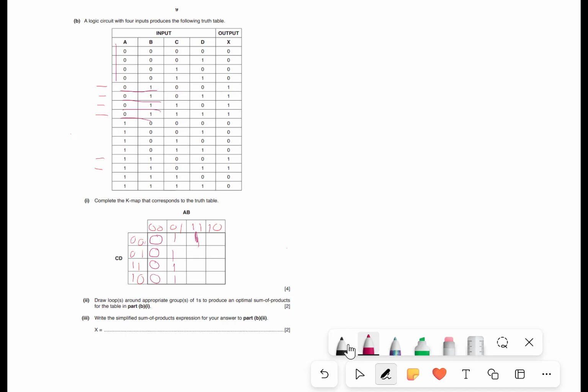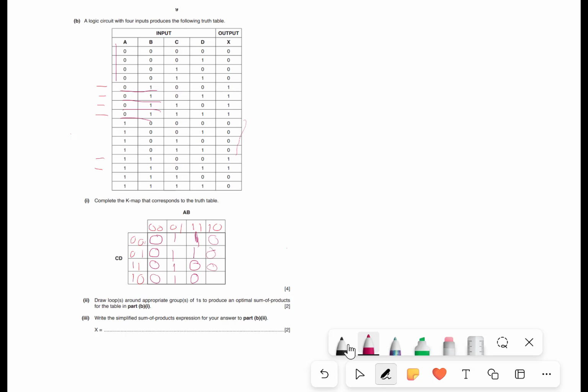If we've got 1, 1, 0, 1, it also gives us a 1. If we've got 1, 1, 1, 1, it gives us a 0. If we've got 1, 1, 1, 0, it gives us a 0. If we've got 1, 0, 0, 0, it's a 0. So all of these 1, 0s are also a 0.